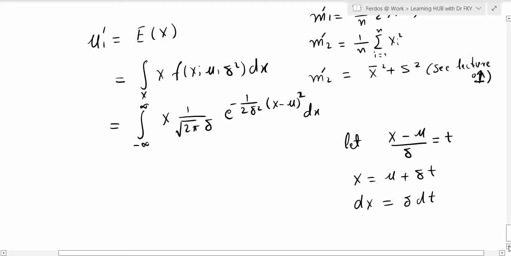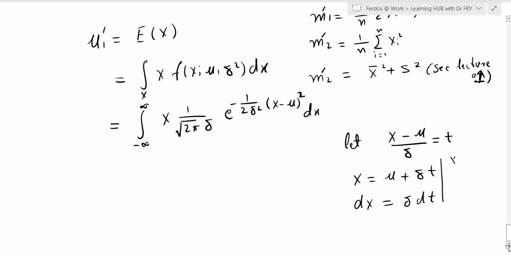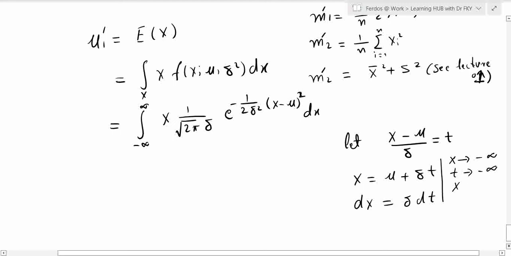So now we can put these values, and remember that the range of t is also from minus infinity to infinity, because when x has a value of minus infinity, t also has a value of minus infinity, and when x has a value of infinity, t has a value of infinity.